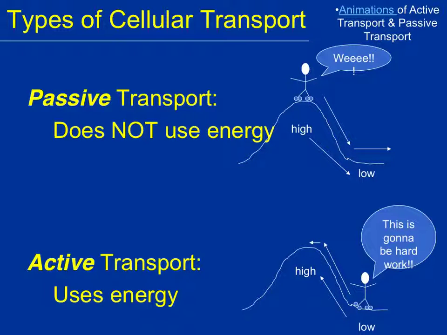But active transport, on the other hand, which we aren't going to say much about during this screencast, is essentially the opposite of passive transport. The cell or the organism has to use energy. So think about this for humans. Of all that food and nutrients that you take in to get energy for your body to do things, over half of the energy is actually used for the 80 to 100 trillion cells you have for active transport.